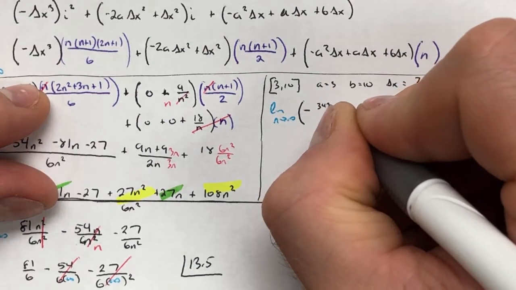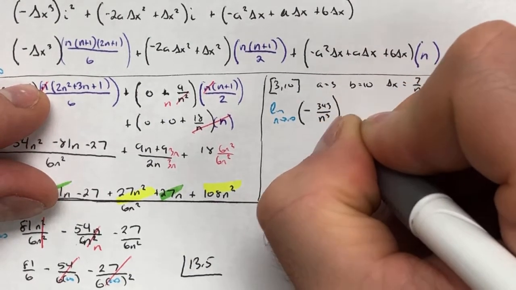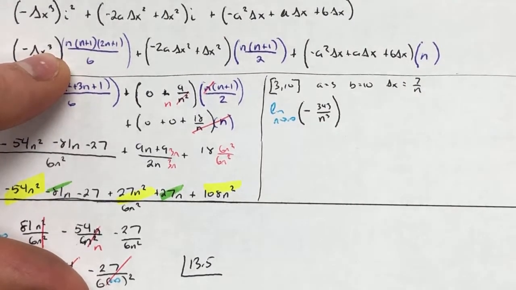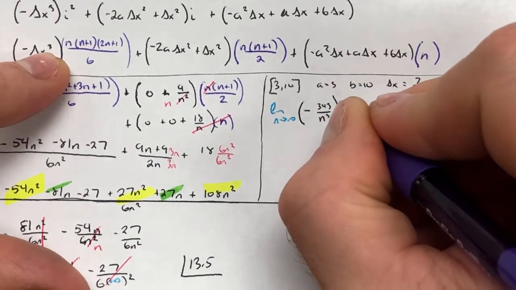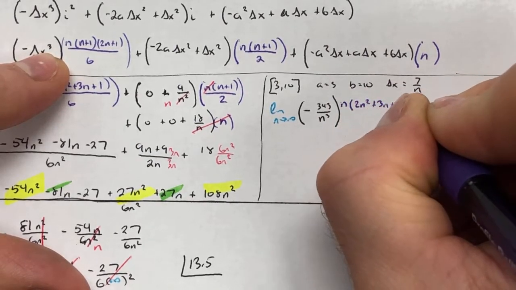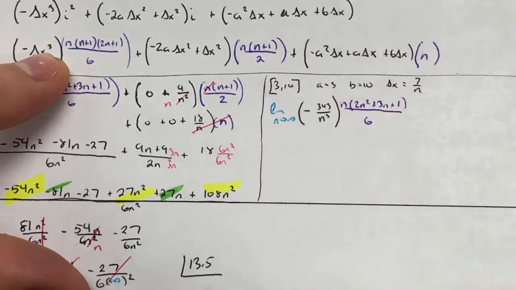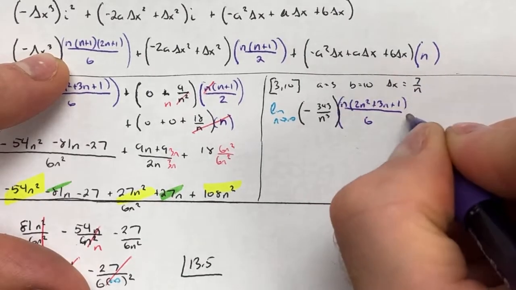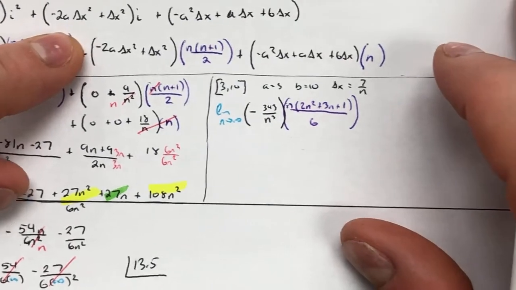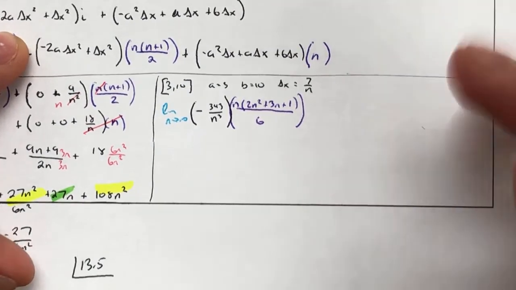So 343 over n cubed times this purple thing. And then I plug in my other values right here.